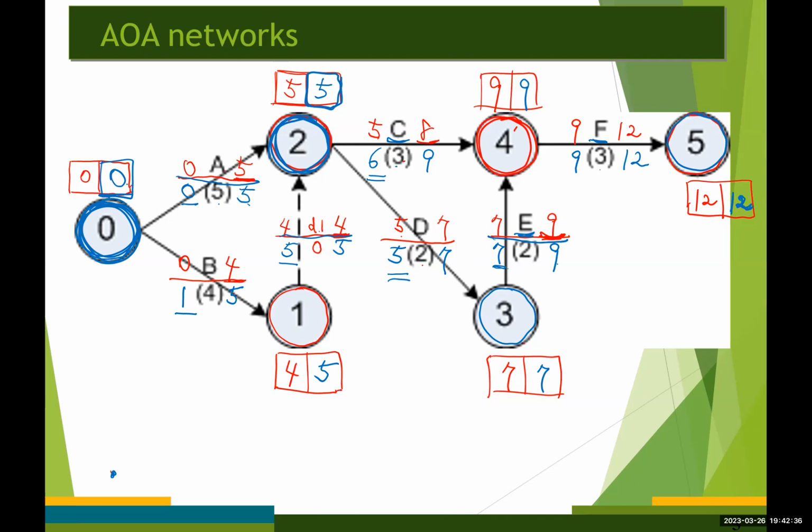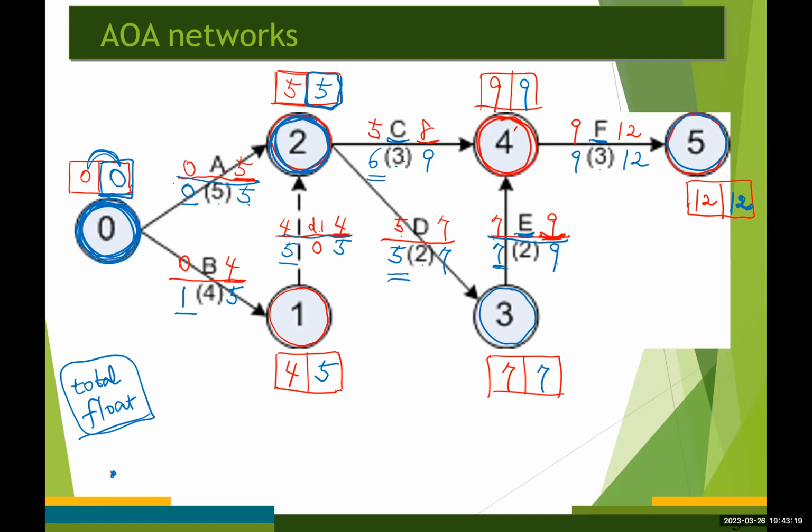Now we've determined the earliest time and the latest time for each event. So now we can determine the critical path. We are going to use the total float. For each event, if there is no difference between these two numbers, that's going to be included in the critical path.